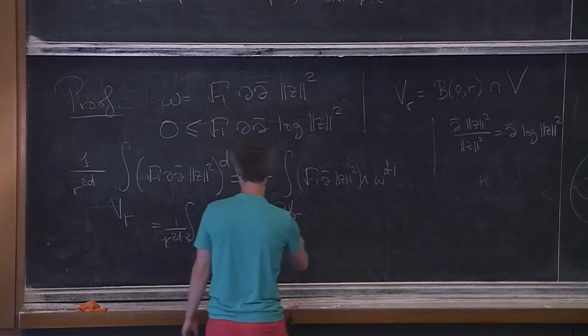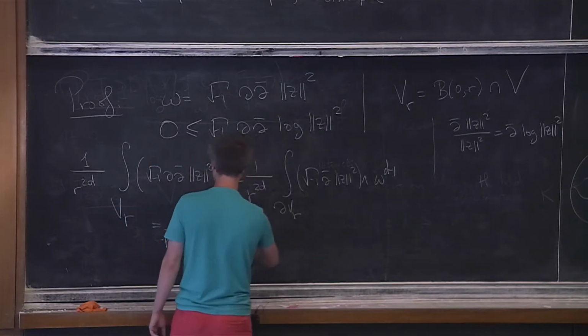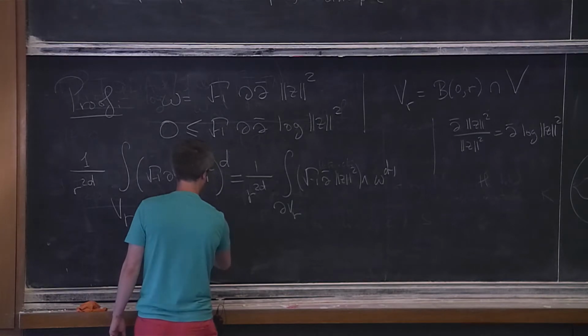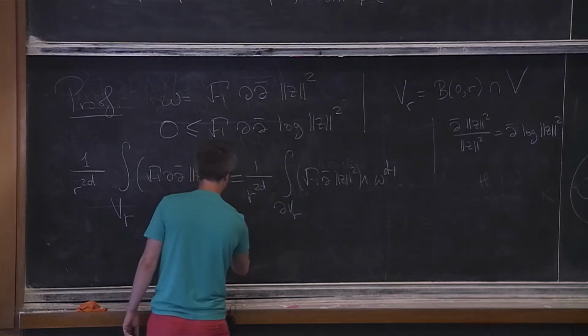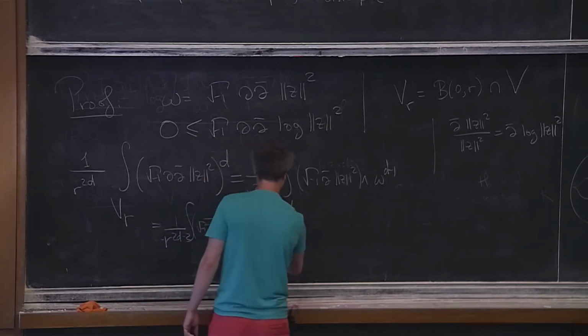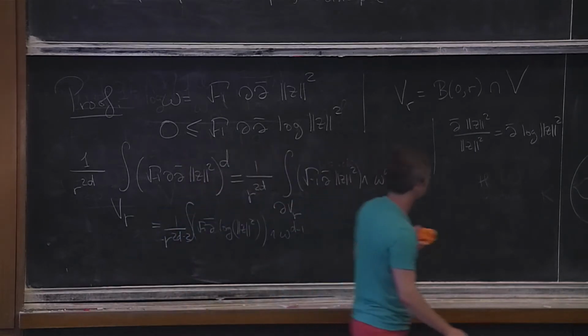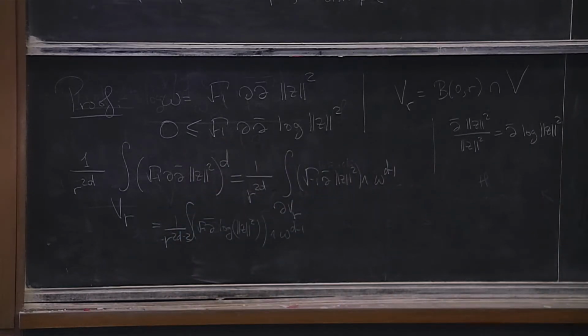And so now I trade two powers of r here to get d bar of log |z|^2, and then omega to the d minus 1. And now I integrate by parts again.